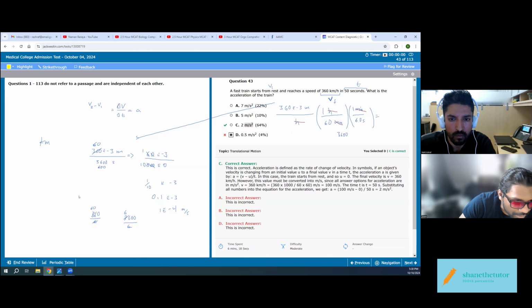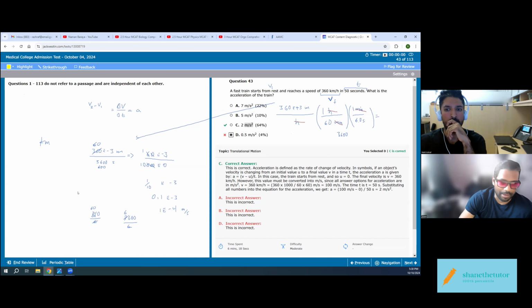Wait, let me make sure I did this right here. 360. Oh, crap. I made a mistake. So 360 kilometers. Kilometers is larger than meters, so this should be 360 times 10 to the third power, not 10 to the negative third power. Oh, okay, my bad.